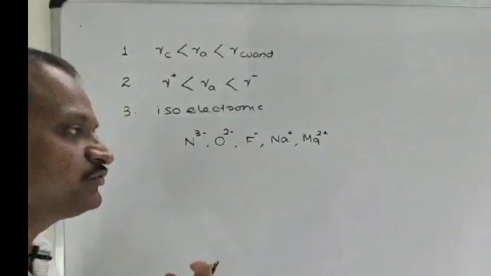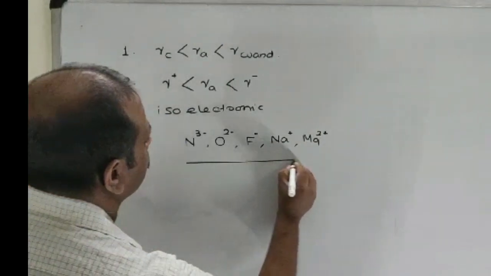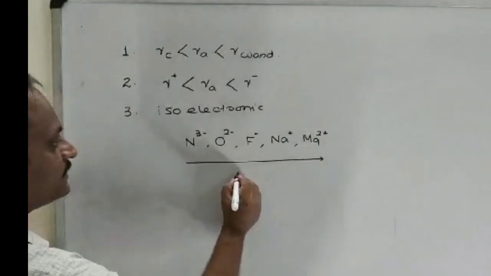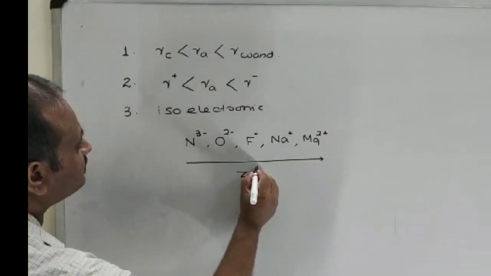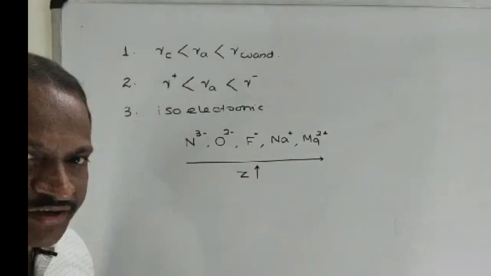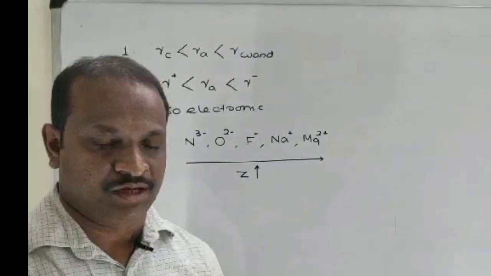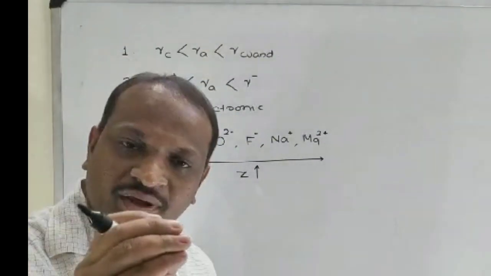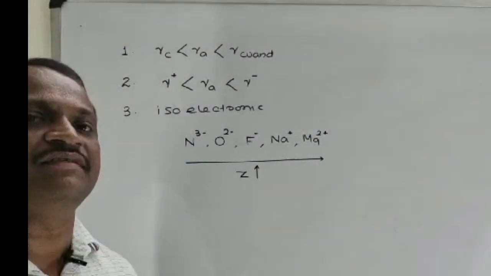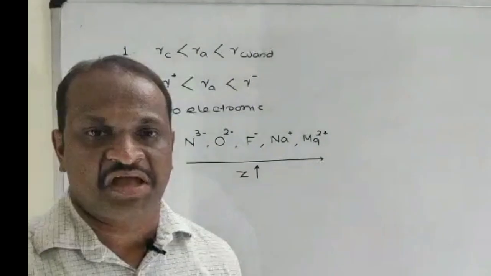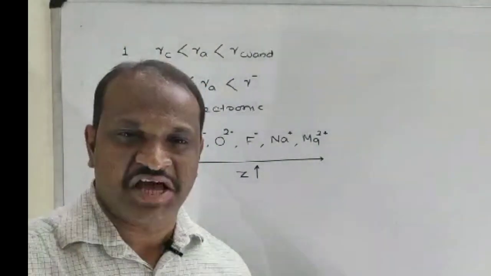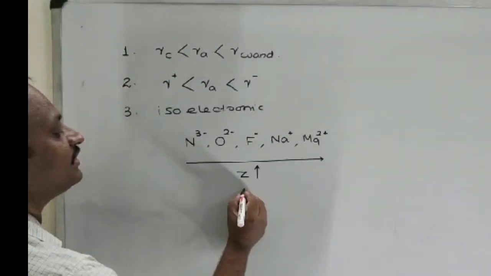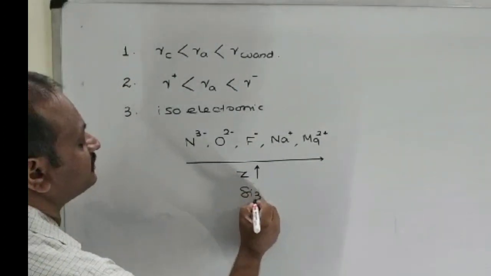Once we move from left to right, what happens? Atomic number increases, which means nuclear charge increases. They are isoelectronic species, so the number of electrons is the same. As the atomic number increases, their nuclear charge increases, and if the nuclear charge increases, effective nuclear attraction increases. Hence, what will happen there? Size decreases.